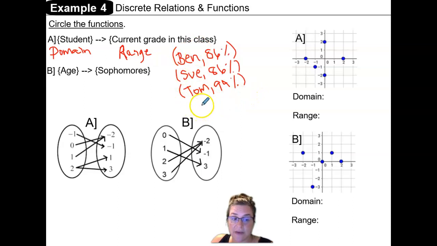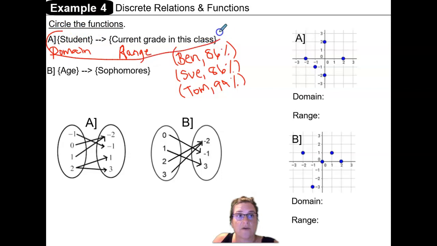Just because they have the same name doesn't make them the same student. So since it's impossible for the same student to have more than one current grade in the class, this is a function. So it says to circle the functions. So I would go ahead and circle the relation of student to current grade in the class as a function.